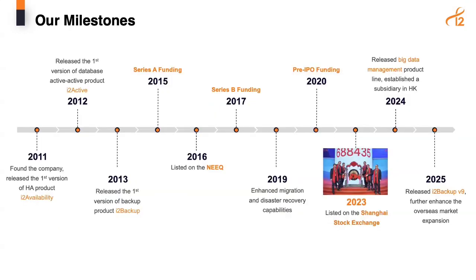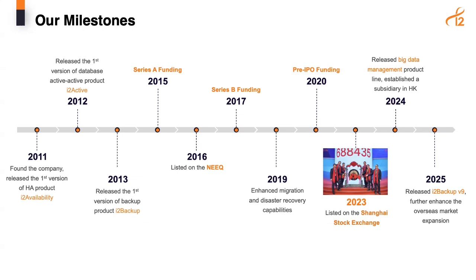Here are the milestones since the establishment of the company in 2011 till this year. So what happened during these 14 years? When we established the company, we released the first version of our HA product, I2 Availability.